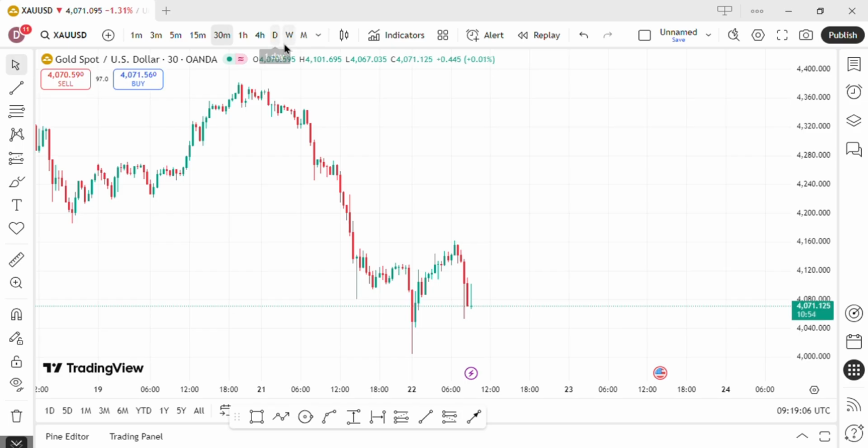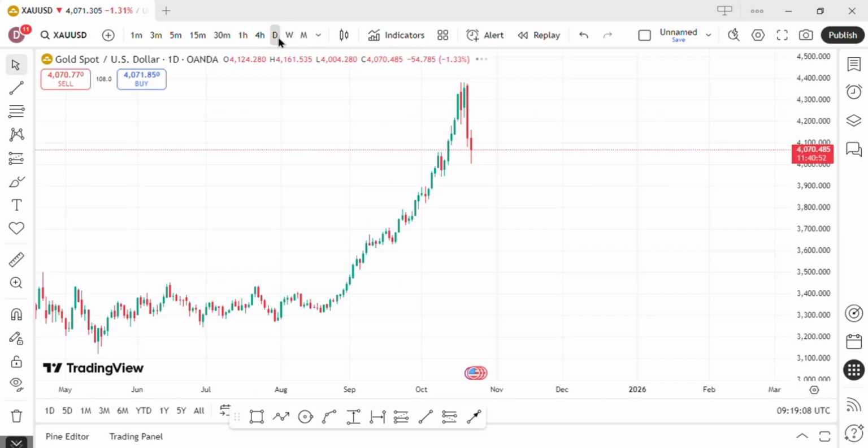The reason I'm starting with the daily is because I'm somewhat of a day trader, and a bit of a scalper. So we'll start from the daily time frame to get the overall outlook of the market.